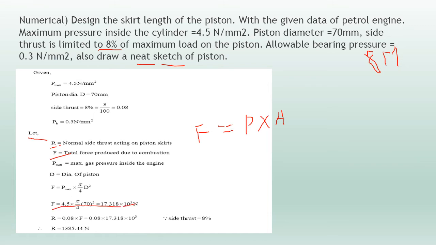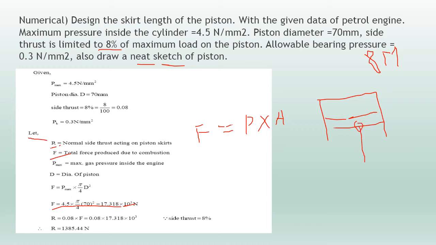Then you have to find out the normal side thrust. It can be calculated as 8% of the total force, because side thrust is given by 8%. First of all let me explain what the side thrust is. This is the normal piston of yours.